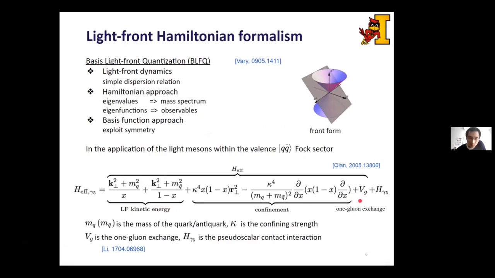And V_g stands for the one-gluon exchange, and H_gamma5 is the pseudoscalar contact interaction that I proposed for light mesons in particular. And notice here that m_q and m_qbar are the masses of the quark and antiquark. And these two kappas are the confining strengths. So these two variables need to be fitted with regard to the experiment.